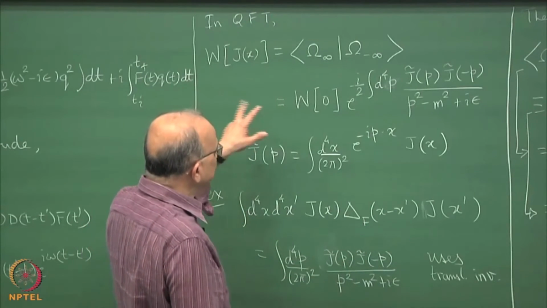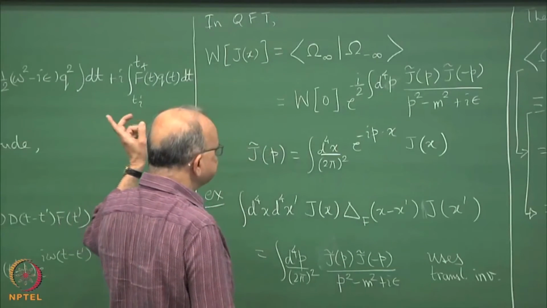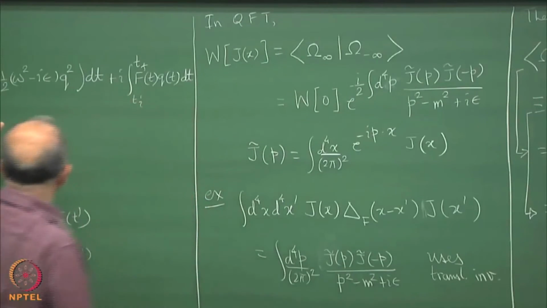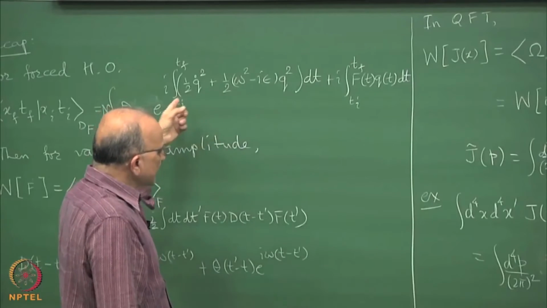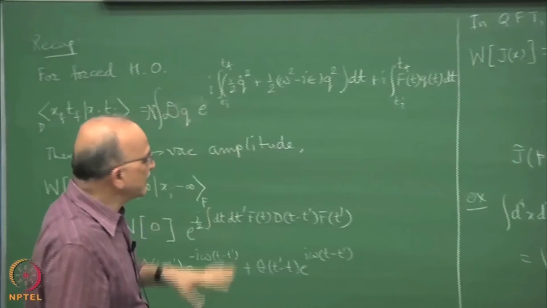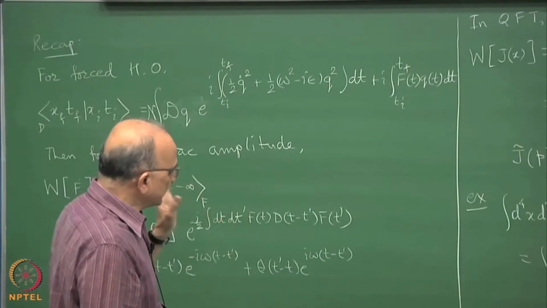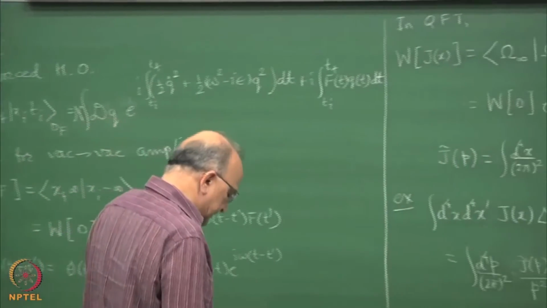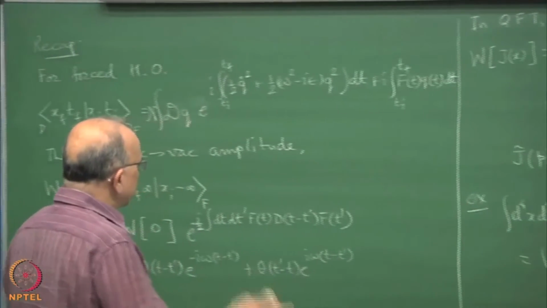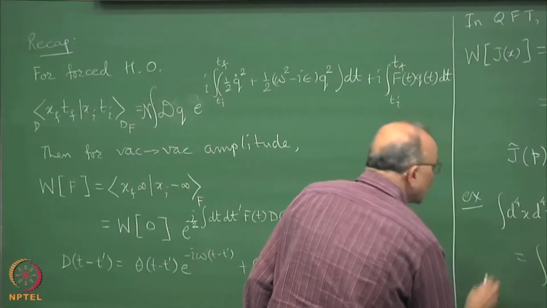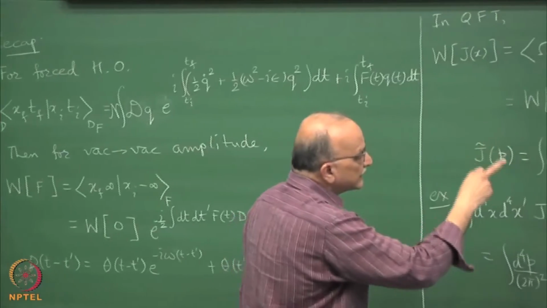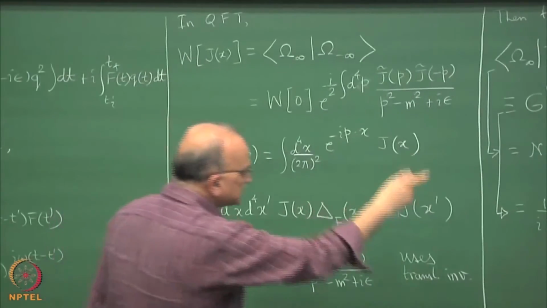If you start with the free theory, just as we started here with the harmonic oscillator, which is emblematic of the free theory, somewhere where we wrote S, right? So it's the free propagator.